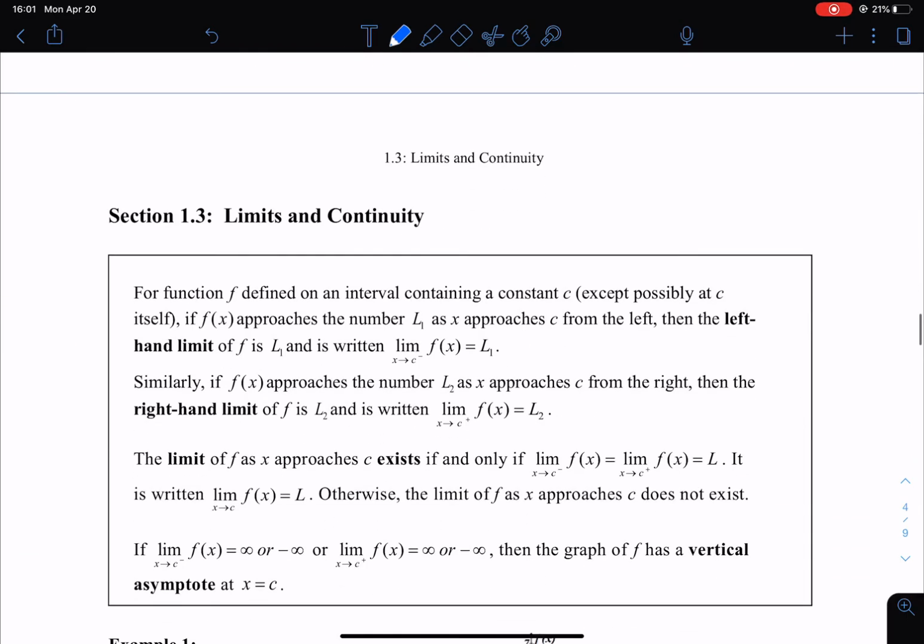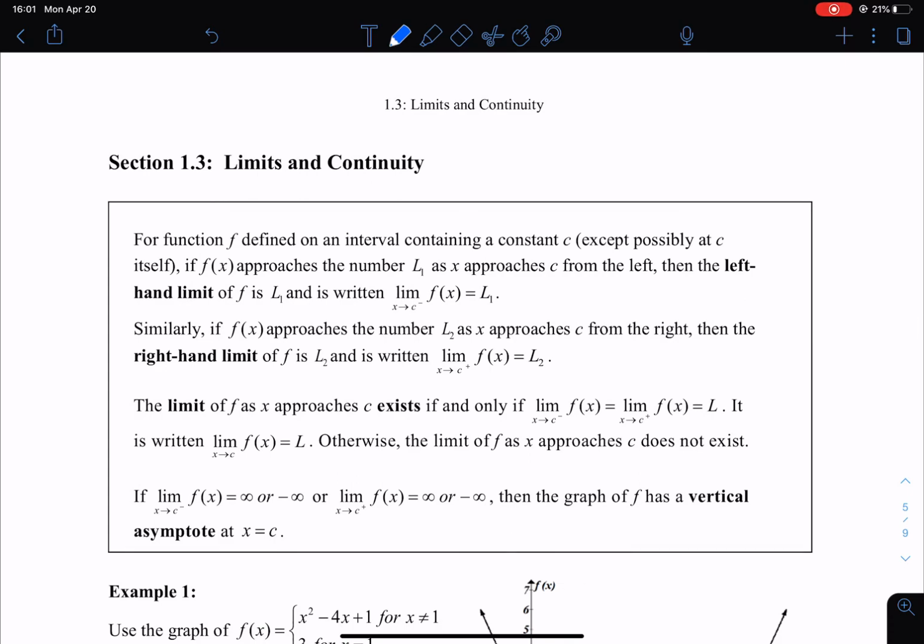Alright, this is about section 1.2. So for section 1.3, limits and continuity. First, it's about the left-hand limit. For example, this is point C. When x goes from negative infinity to the point C, that means we approach point C from the left side.